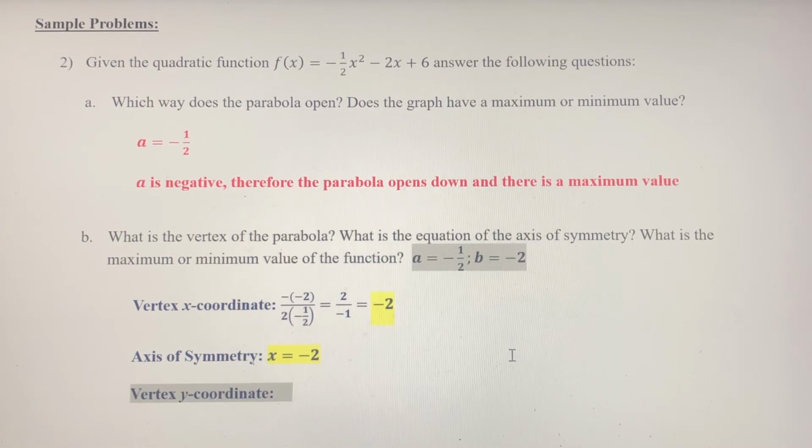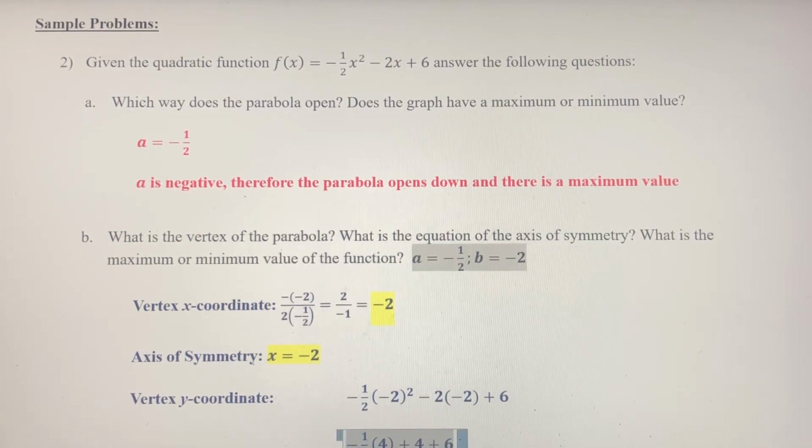Now, the vertex y-coordinate. I'm going to take my vertex x, and I'm going to plug it back into the original equation, like this. Let's follow order of operations. I'm going to square this negative 2, so that's going to give me negative 1/2 times 4, because negative 2 times negative 2 is 4.